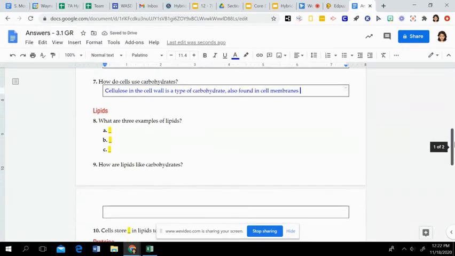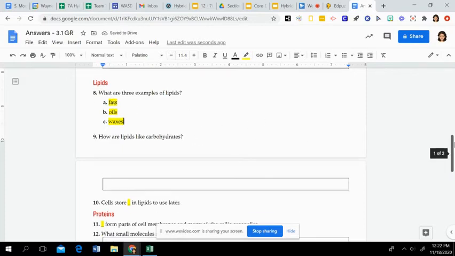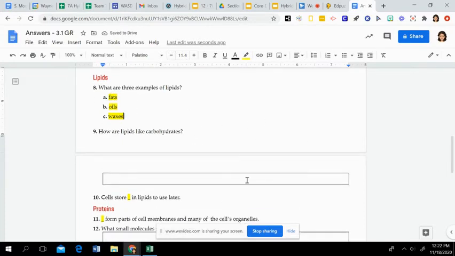If we move on to lipids, you are listing out what examples of lipids the book provides, and it says fat, oils, and wax. Okay, then the question, how are lipids like carbohydrates?